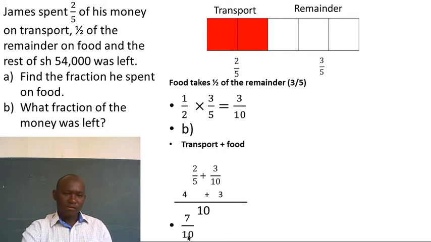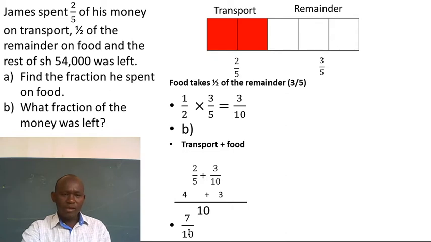What is this 7 out of 10? It is the total fraction spent on transport and food. Remember, after spending money on transport and food, the rest was saved.